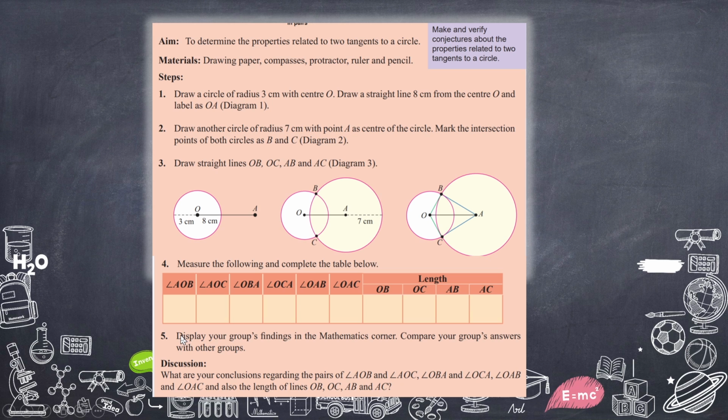And then after you record all the angles and lengths, you can display your group findings in the mathematics corner and compare your group answers with other groups. Lastly, discuss what your group conclusions are regarding the angles and lengths that you have measured.